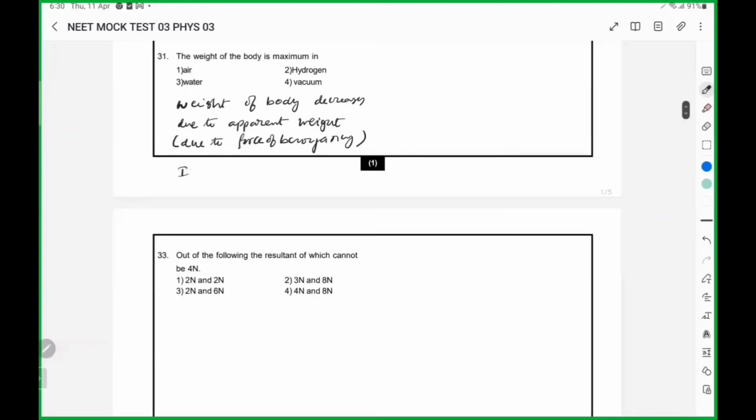In vacuum, there is no force of buoyancy. Weight is maximum.